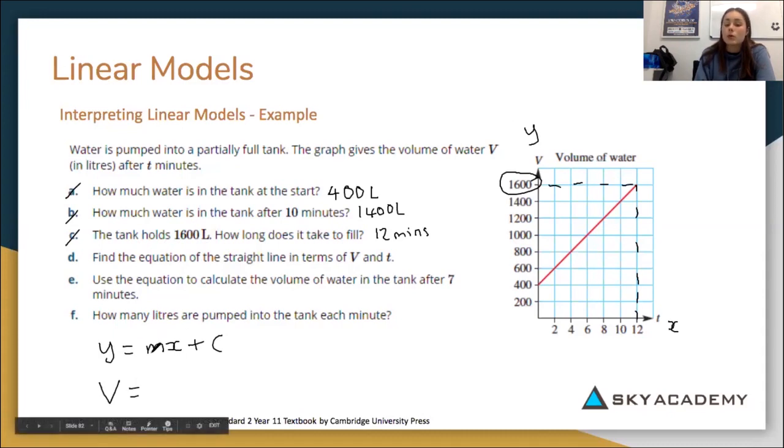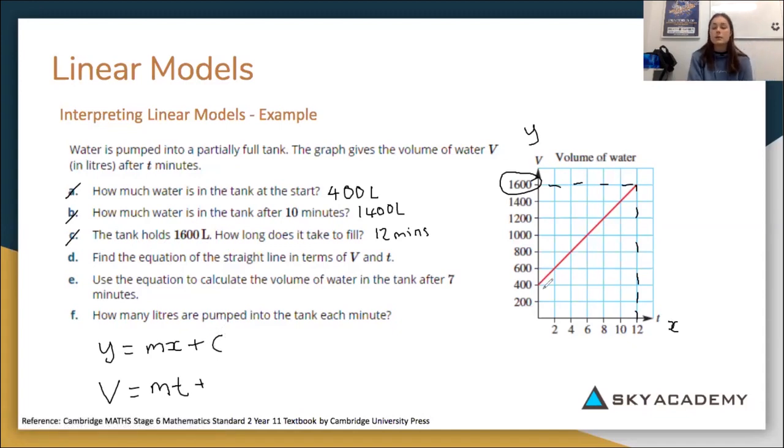Our x is going to be the t, which is our time, plus the y-intercept. And we already know our y-intercept because that's where it crosses the y-axis. And we discovered before that it crosses the y-axis at 400. So now all that's left is to find our gradient. So let's go ahead and do that.